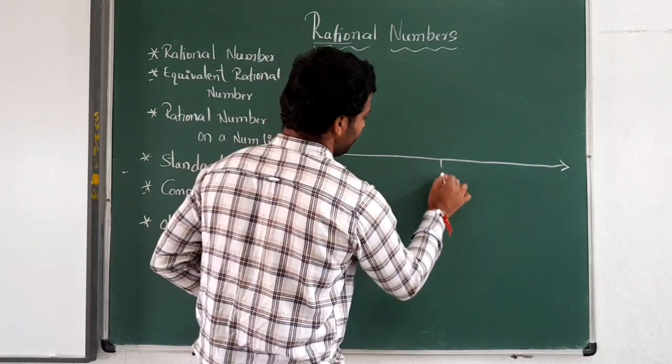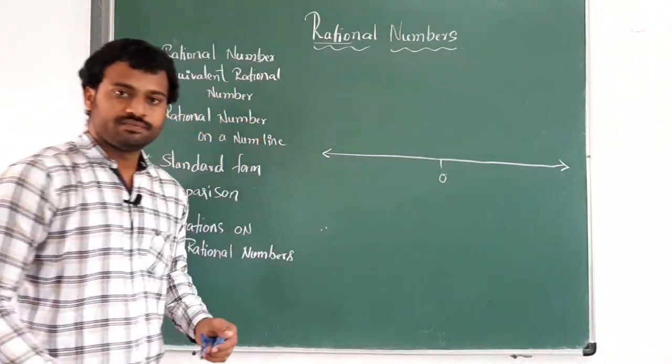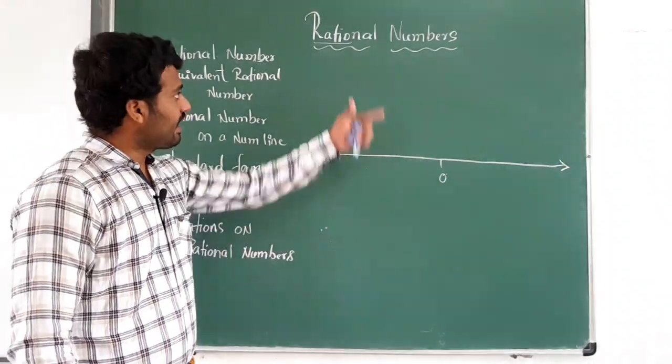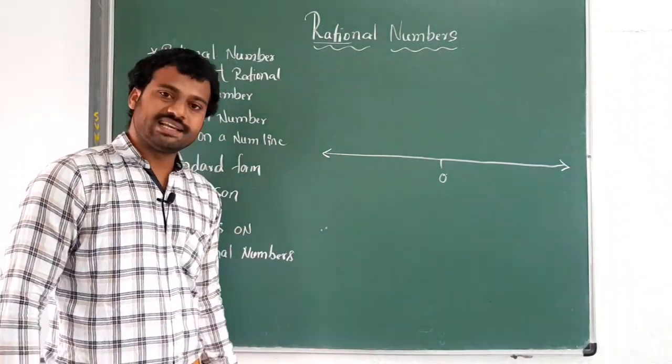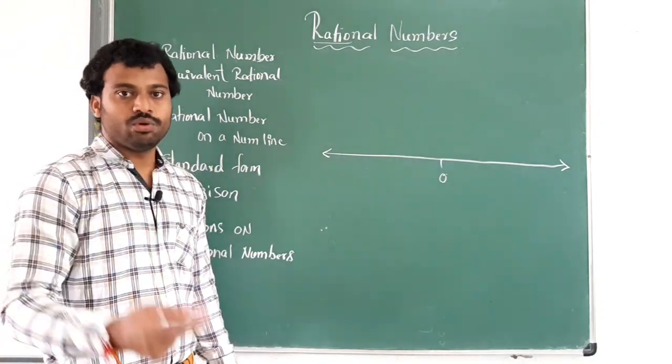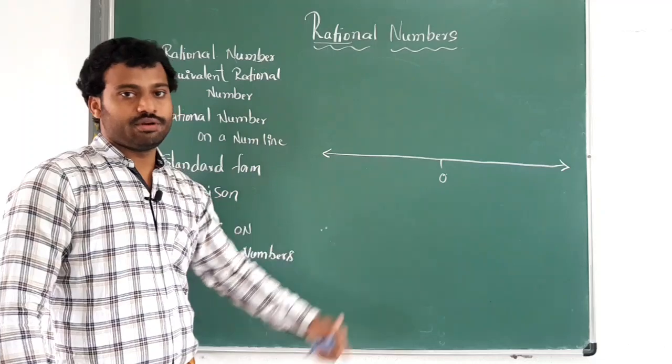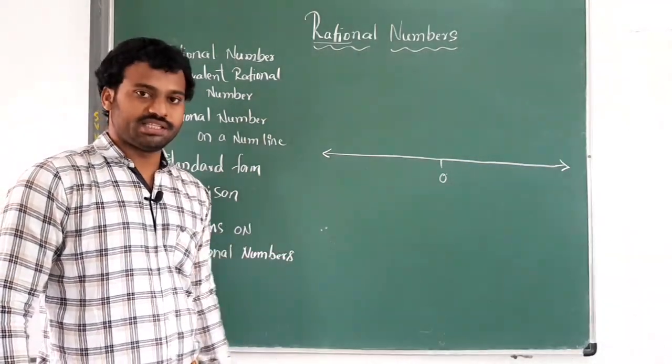Okay, in the middle, take 0. Later I will write the values. First I will take a rational number which I want to represent on the number line. I will take two numbers, one positive and one negative. Positive rational number and negative rational number I will consider and represent.